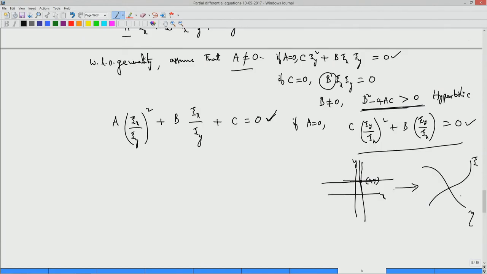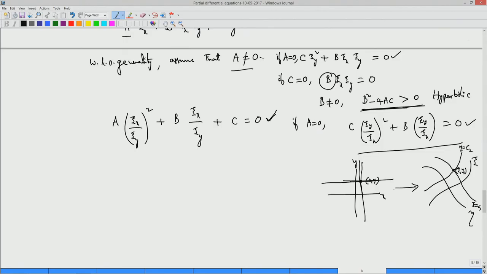When you do this transformation, it becomes some other point here, parallel to this one. This is actually xi equal to some constant c1, eta equal to some constant c2. So, that is the point, this is your xi and eta.